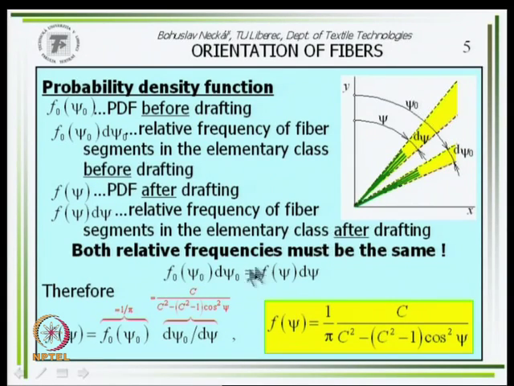of our imaginary belt. But both such relative frequencies must be the same, because the fibers inside of the starting angular elemental class must be the same as after our elongation of our imaginary belt, isn't it? Yeah.